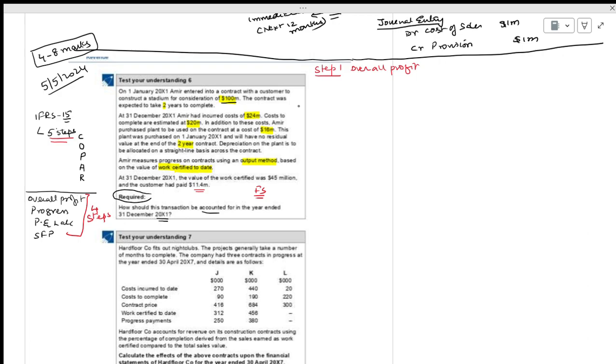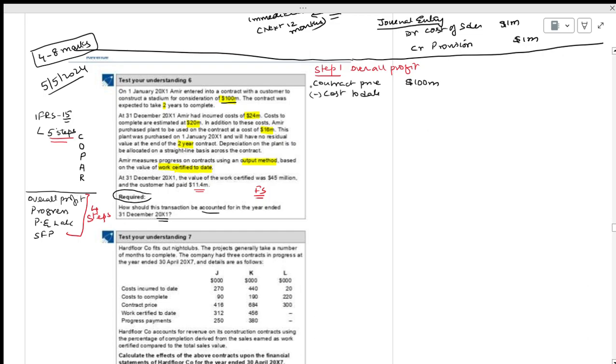What is the contract price? I will write it. Contract price is 100 million, minus, yes, tell me Hussein, how much is cost to date?